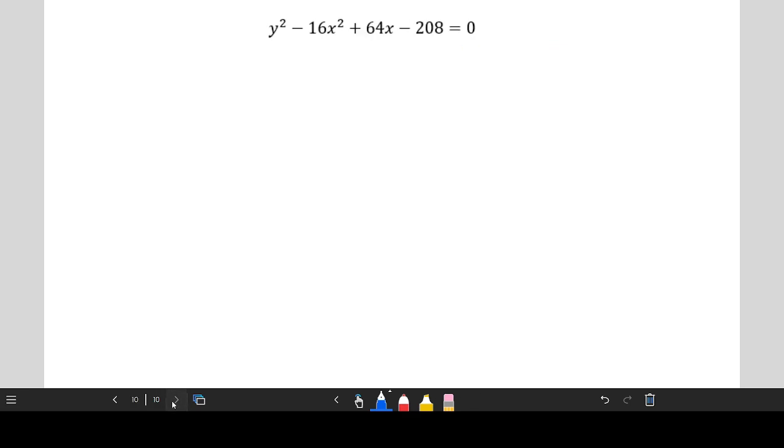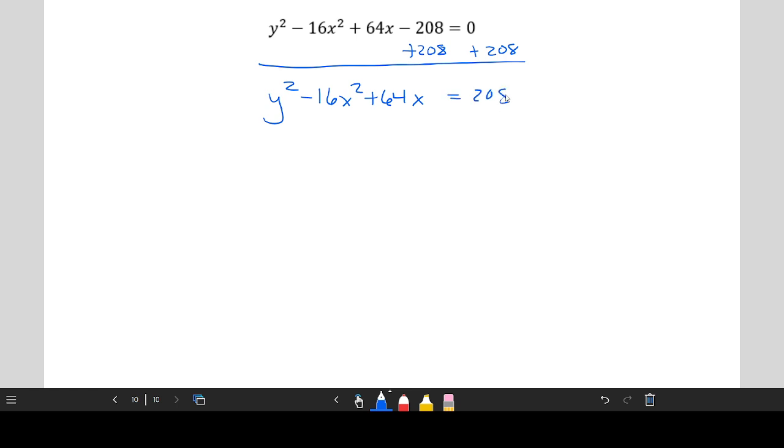We'll try one more of those here. We want to start by getting the constant term out of the way. And then you'll notice this time there is no y to the first term. So we don't really have to worry about the y term, but the x squared term has a coefficient that's not 1.